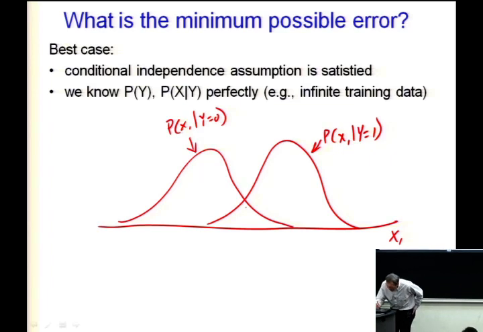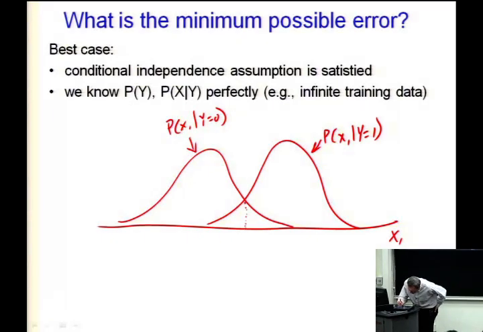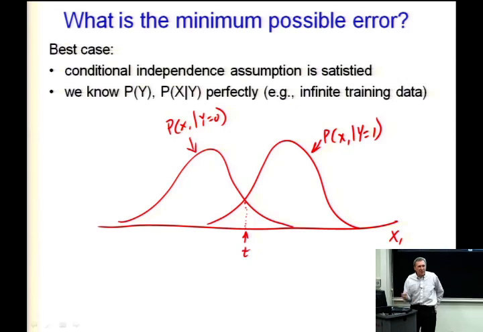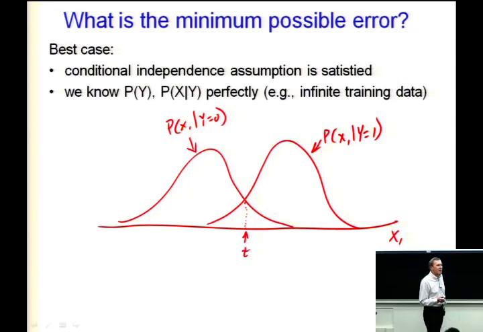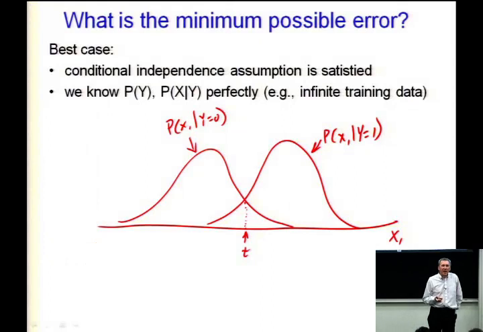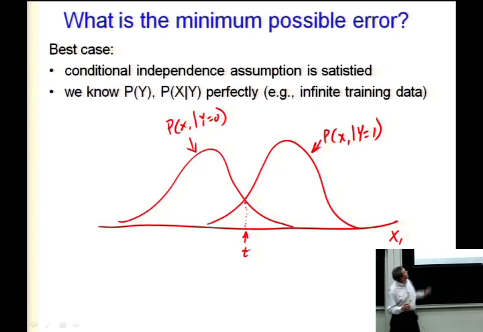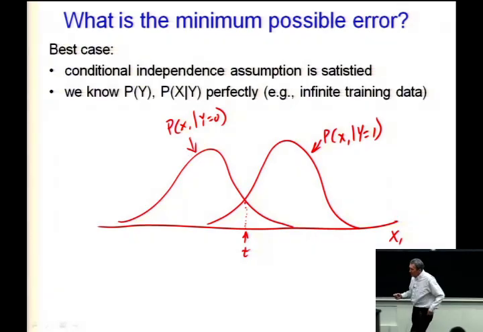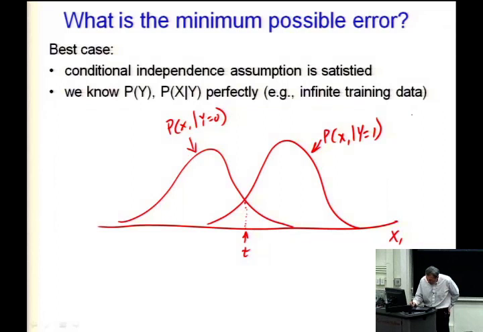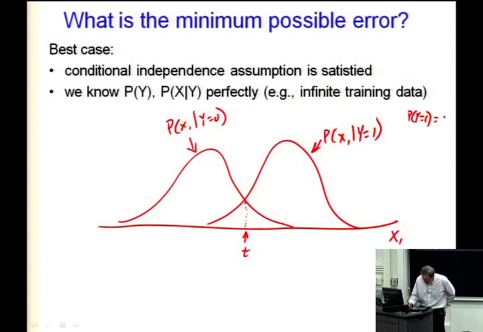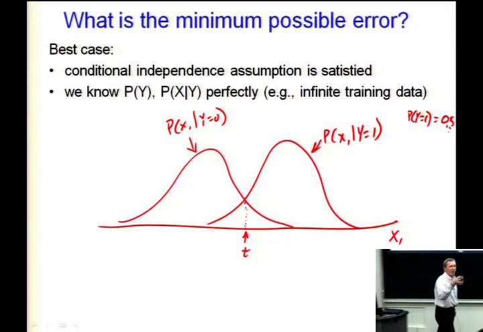And let's say here's my decision threshold again. Let's call that point T for threshold. Okay, and we've got infinite training data, so we've estimated these two curves. And initially, let's just even assume we know P of y is just 0.5, just to keep our thinking simple.